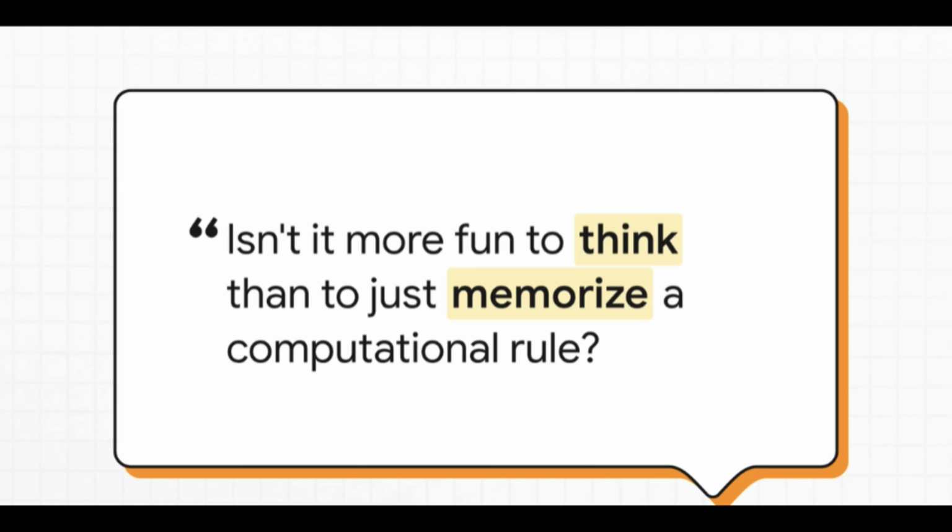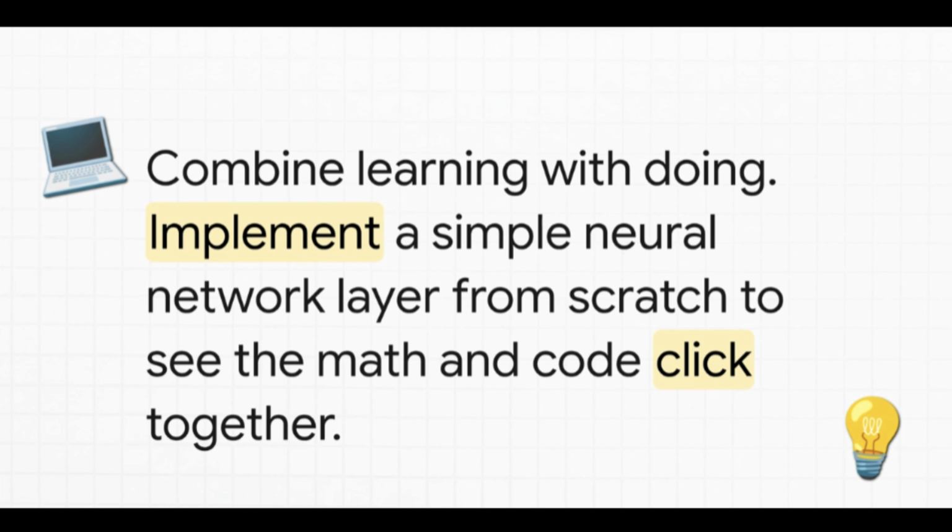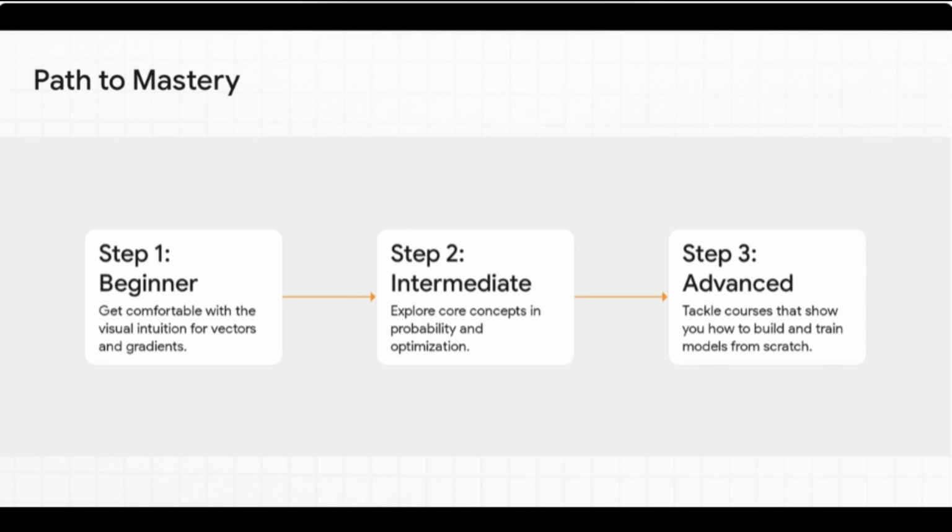And here's a pro tip to make it all stick. The absolute best way is to combine learning with doing. Try to build a really simple model from scratch just using a library like NumPy. I promise you'll see the math and the code click together in a way that's totally unforgettable. So here's your ladder. First, just focus on getting comfortable with vectors and gradients.